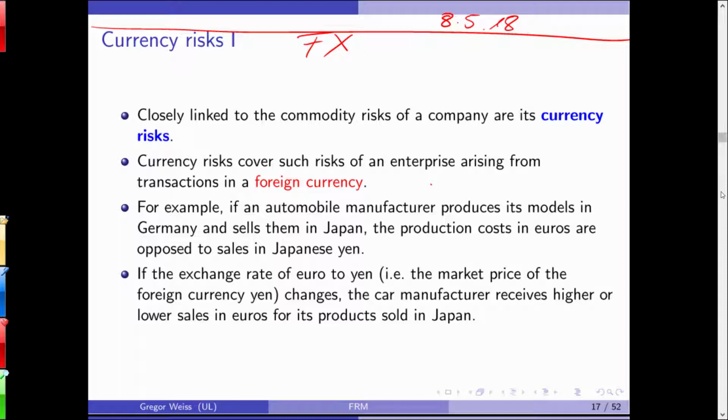I mean, in the United States, especially nowadays with Trump, it's quite clear that you would also face tariffs and higher taxation. So because of these differences in taxation and in tariffs, these are additional reasons why you want to shift your production to the country in which you also want to sell your products. But currency risk is one important reason for this.